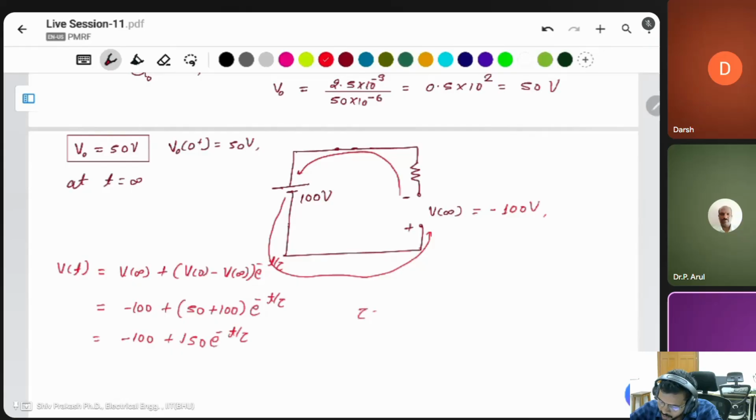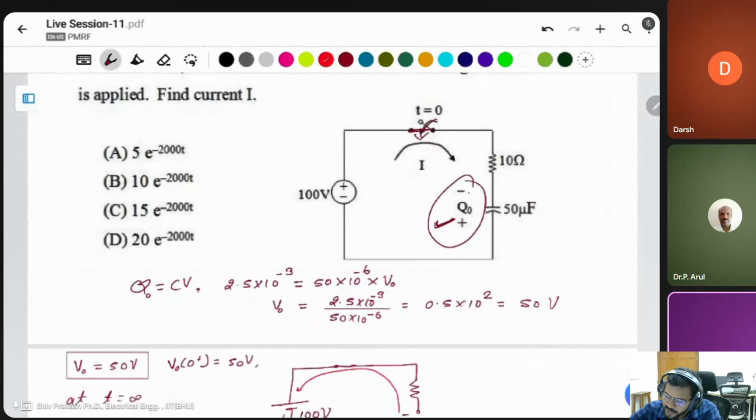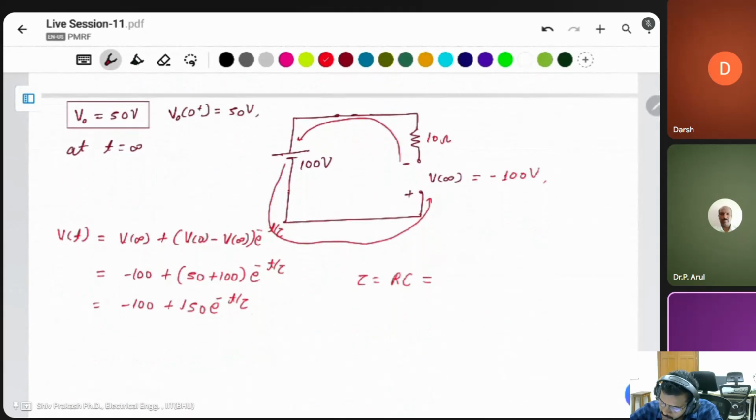What is the tau? Tau is equal to RC. Resistance is given as 10 ohm and C is 50 microfarad. 10 ohm into 50 micro, micro means 10 to the power of minus 6 second.